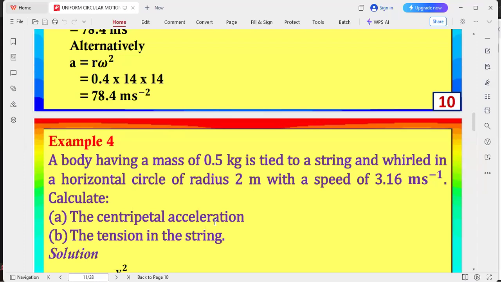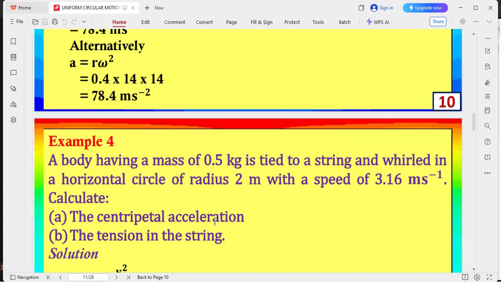From the calculator, we get the answer as 3.24 newtons.